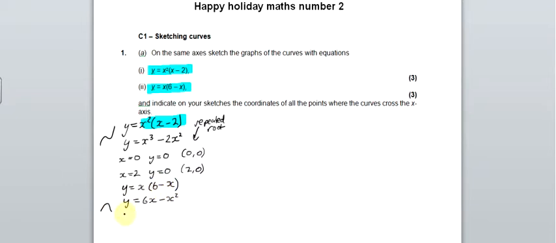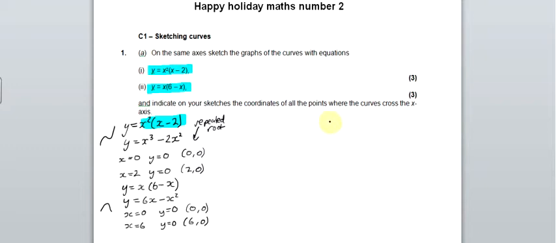And similarly, when x equals 0, y equals 0. And the factorised form tells us that when x equals 6, y equals 0. So we've got some points for this one too. There we are. So to me that looks like we've got everything we need to plot the thing now.